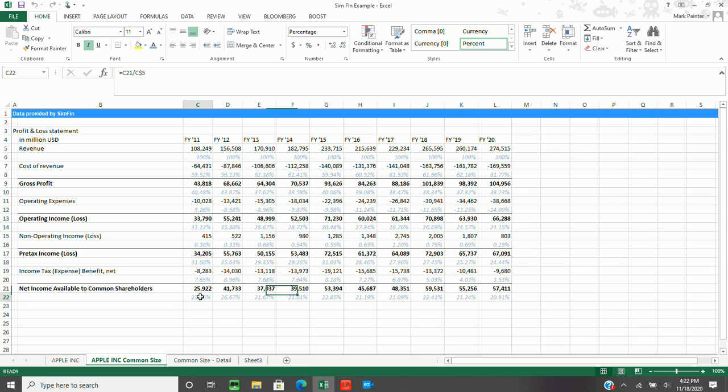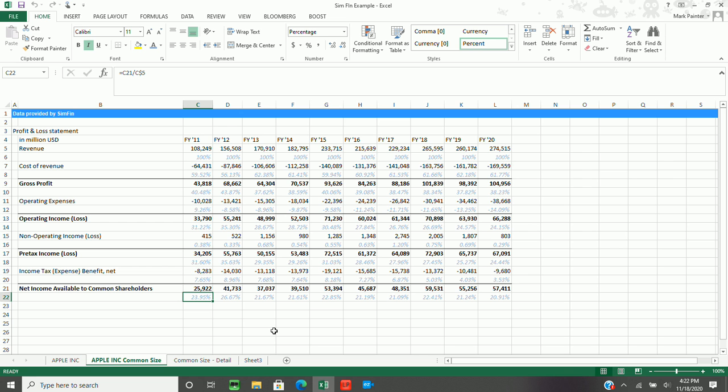Now, what's interesting is, when you go to the bottom, and this is why it's important to look at an income statement with what they call common size, here's your net income, which is after all expenses, how much money the company has made. And here's your net income margin. So what percentage of net income are you making on the amount of revenue that you make?